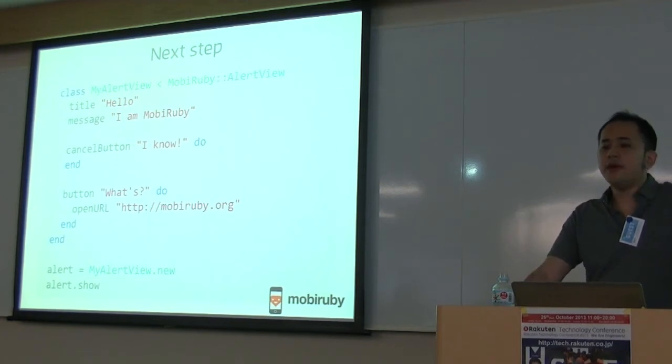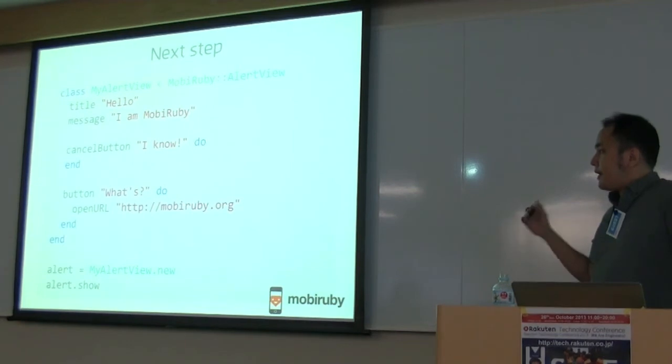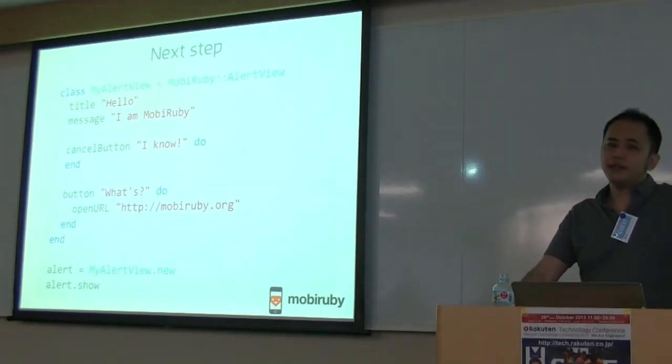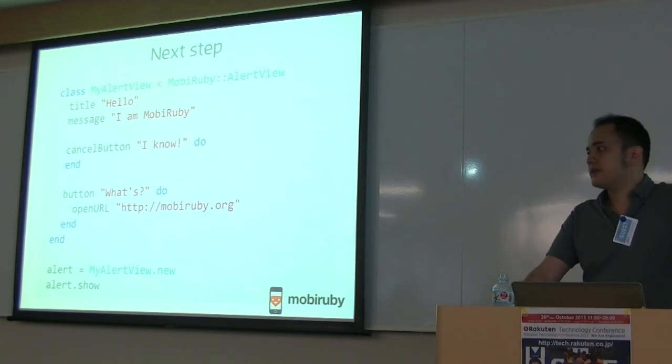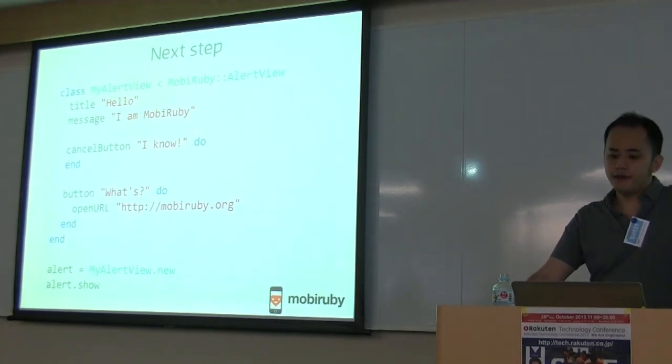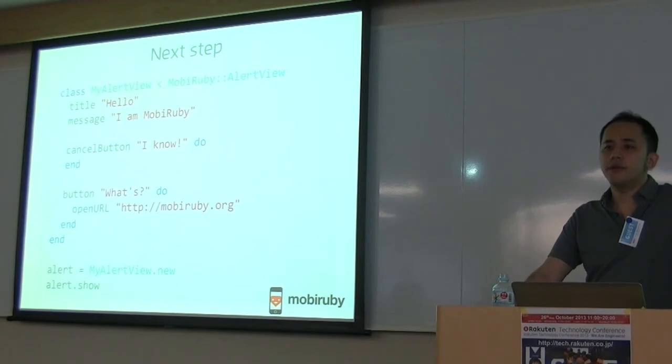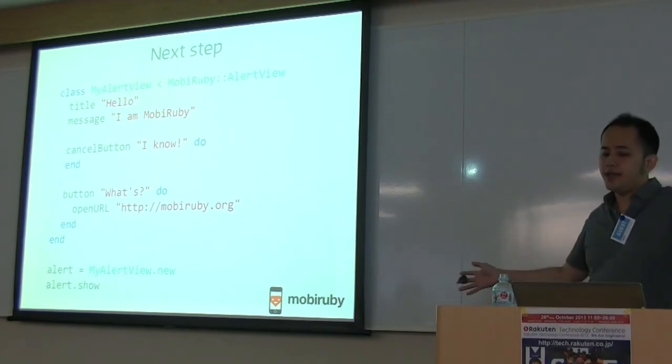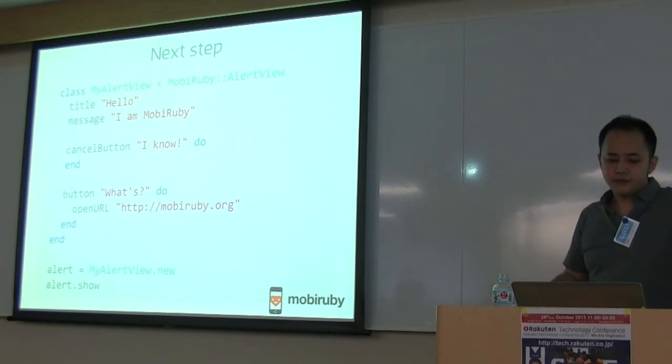So MobiRuby will wrap Cocoa classes and Cocoa libraries, and provide a good iOS DSL for Ruby programmers. At first, I focused on making a Cocoa library bridge on mruby. It's the baseline of MobiRuby. After that, I will create a new DSL and APIs.